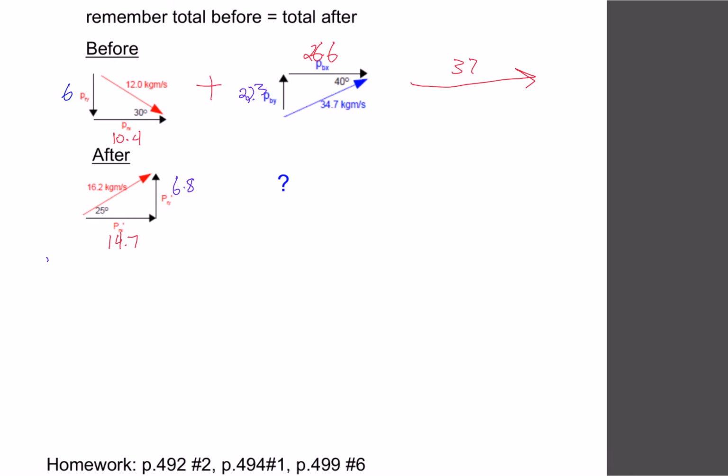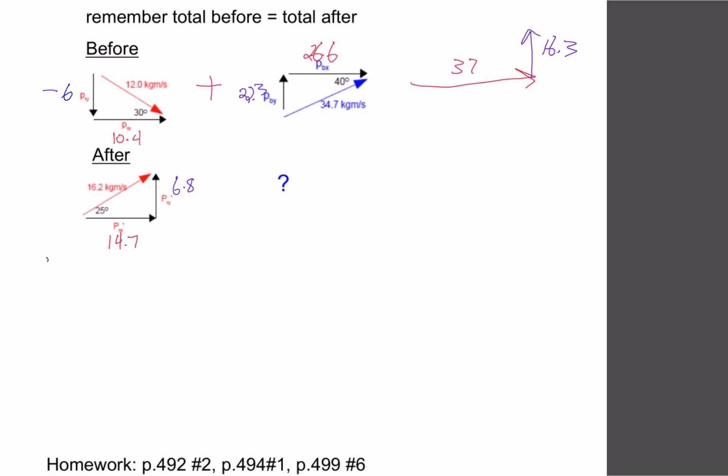And if we add our vertical components, we got 22.3 up, and we got 6 going down, so let's put it as a negative 6. So 22.3 plus negative 6 gives us 16.3 up. So that's our two net results for our before.